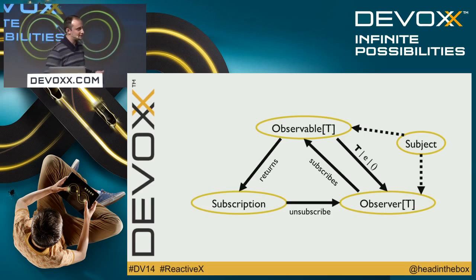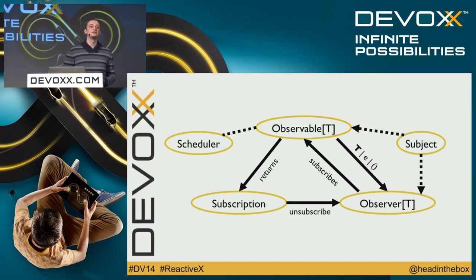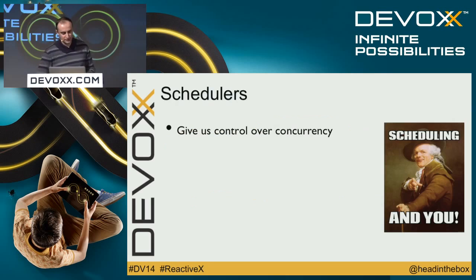So if we look again at our small visualization of Rx, then we add the next component, and that is the schedulers. Schedulers are basically these objects that give us control over concurrency. We can really manage concurrency of these event streams in an elegant way.